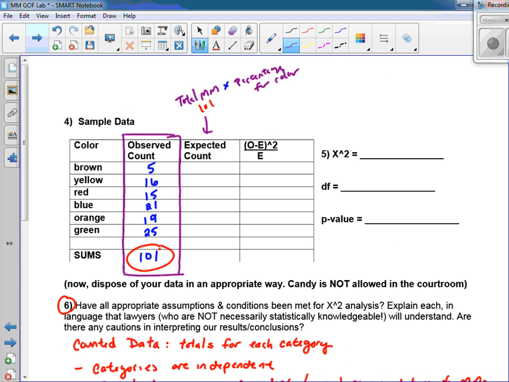Okay, so on the calculator, and I'm going to use mine over here because it's faster. To find the expected number of brown, I would do 101 times 0.13, which is 13.13.